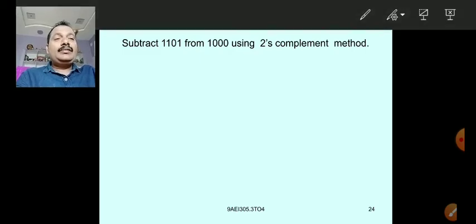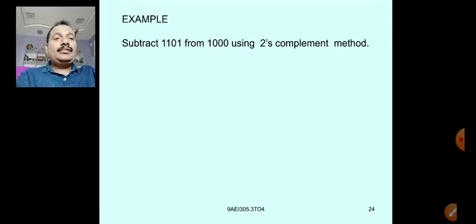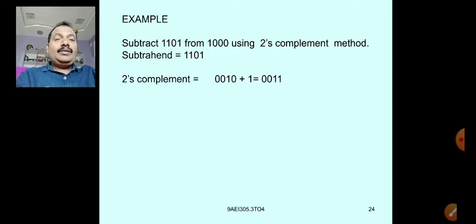Here the subtrahend is 1101. You make a 2's complement of that subtrahend. You will have first 1's complement plus 1. That means 0010 plus 1. You will get 0011.